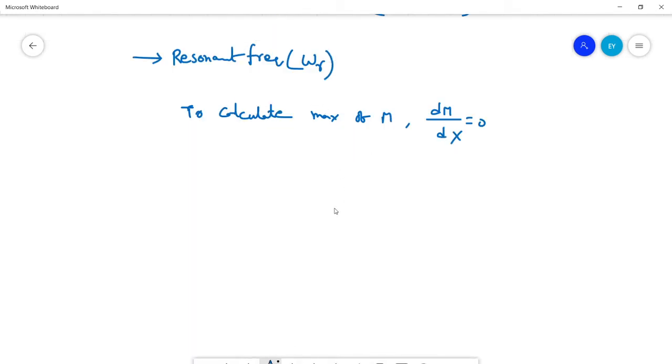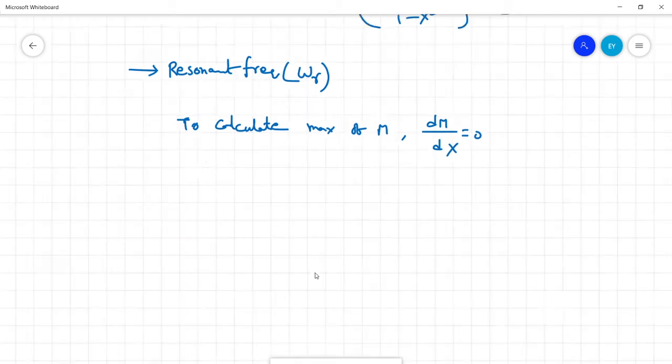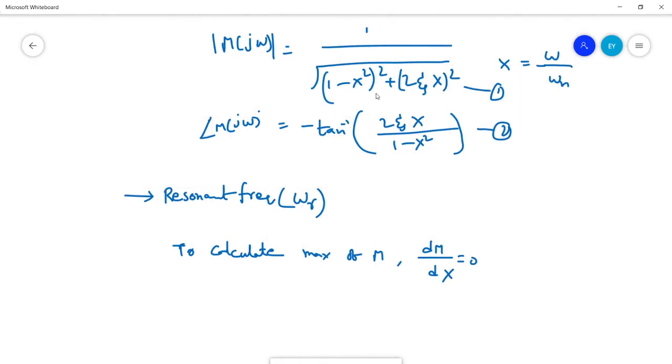So if you equate dm by dx equal to 0, what is the expression? This is the expression, equate it to 0. Derivative should be equated to 0. dm by dx is equal to d by dx of, so this is in the denominator.